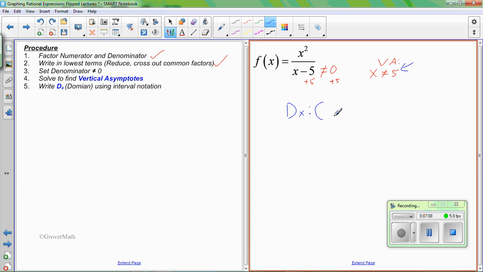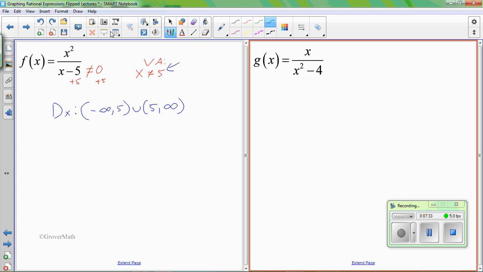So what that means is x goes from negative infinity to 5, and it's a parenthesis for 5 because it's an asymptote, can't equal that, or 5 to infinity. And so this is our way of writing in interval notation that x can be everything except the number 5.